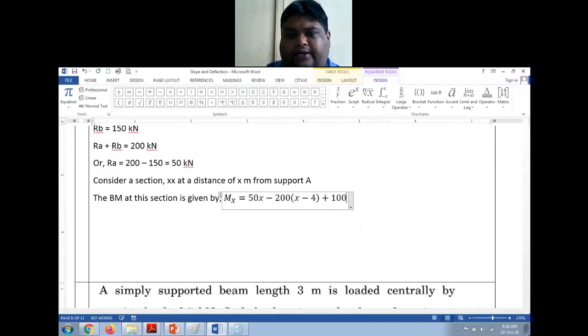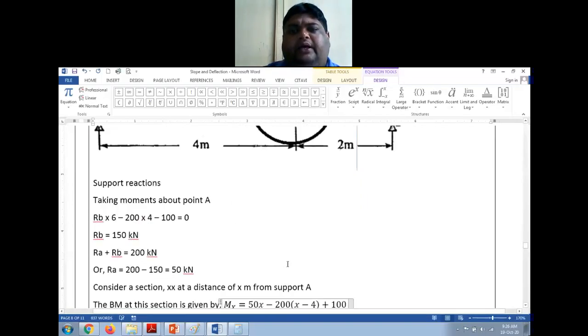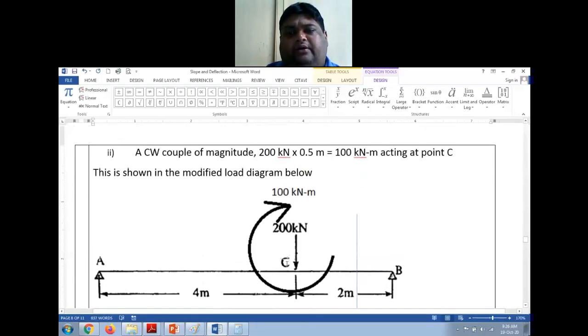this is 100. Right. Now, while finding the deflection, we need the distance. Whereas in case of slope, I don't need the distance for couple.